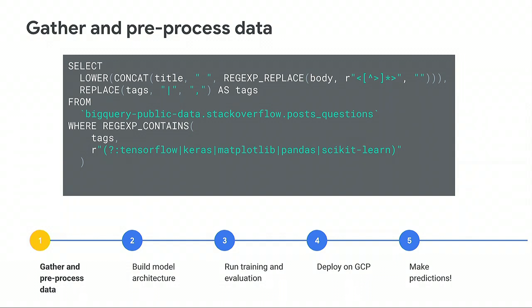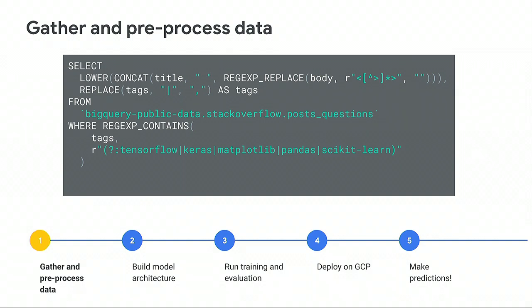So one of the things we first noticed when we looked at the questions is that in this public data set, there's HTML tags just everywhere. There's pre tags, code tags, paragraph tags, bolding, italicized. We don't want any of that, right? None of that is useful for identifying whether someone is asking about a TensorFlow question or a different machine learning library. So we're going to strip all those out.